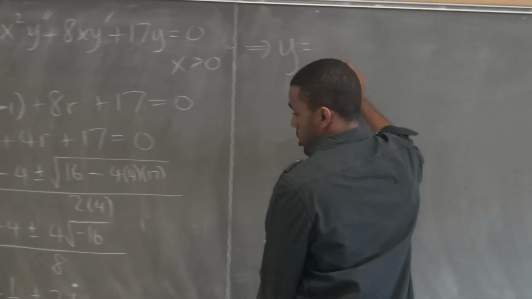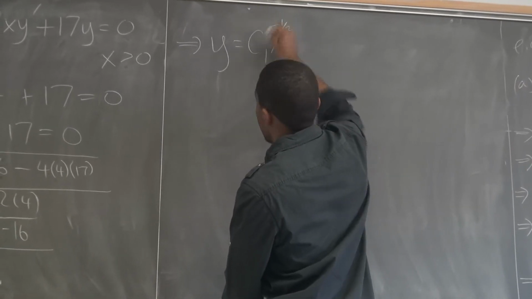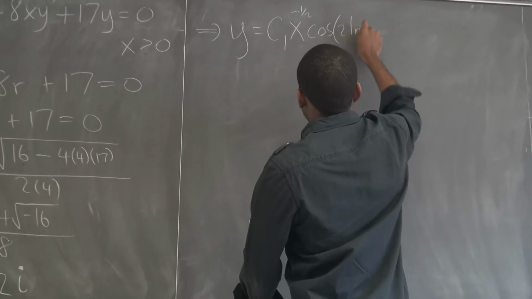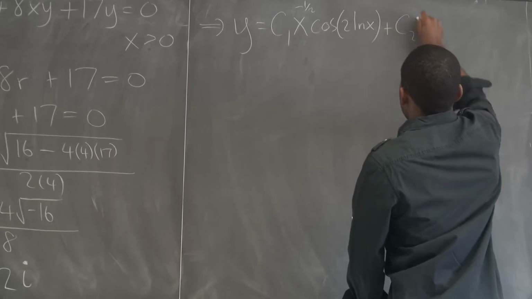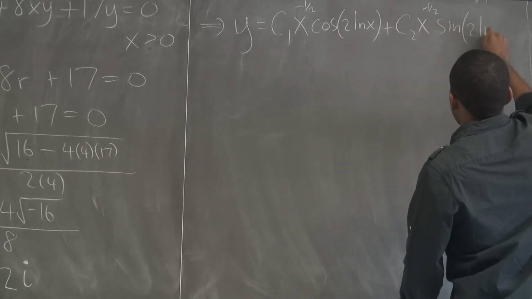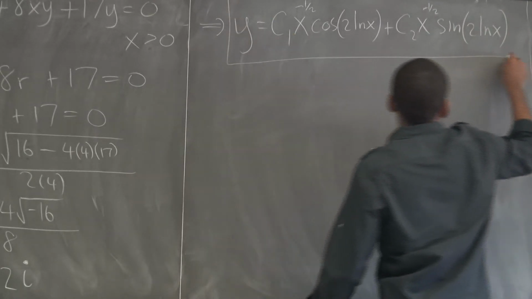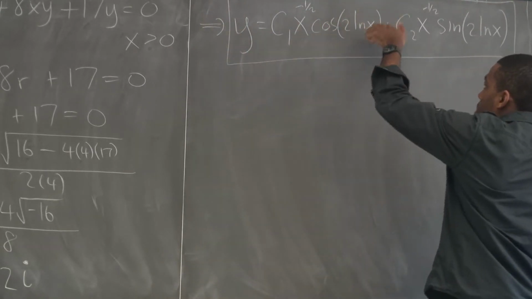And therefore, our general solution should be c1 x to the minus 1/2 cosine of 2 ln x plus c2 x to the minus 1/2 sine of 2 ln x. If negatives are possible, I'd put absolute values on all these x's.